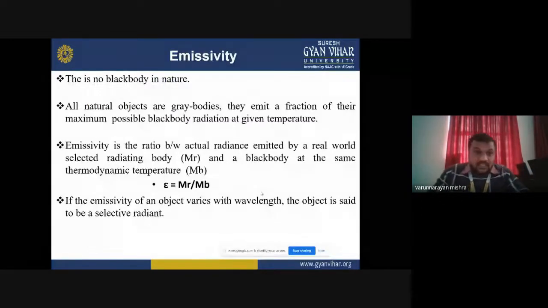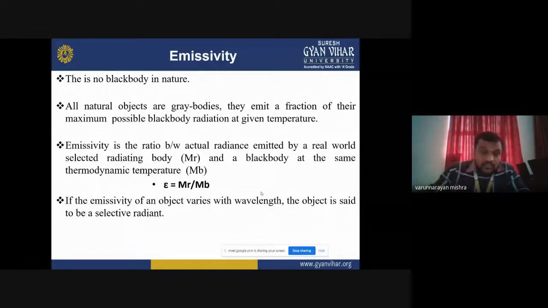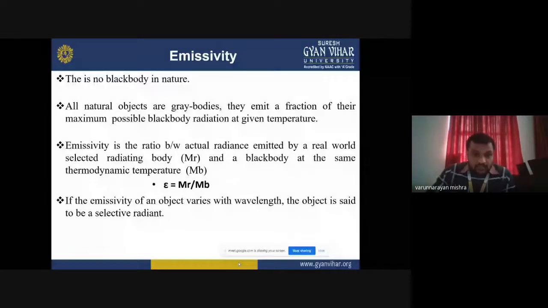Okay, emissivity is a measure of the amount of radiation. All natural objects emit a fraction of their maximum possible black body radiation. So the emissivity of different objects depends on the molecular composition or structure of that object. Emissivity is the ratio between the actual radiance emitted by a real-world object and that of a black body at the same thermodynamic temperature.